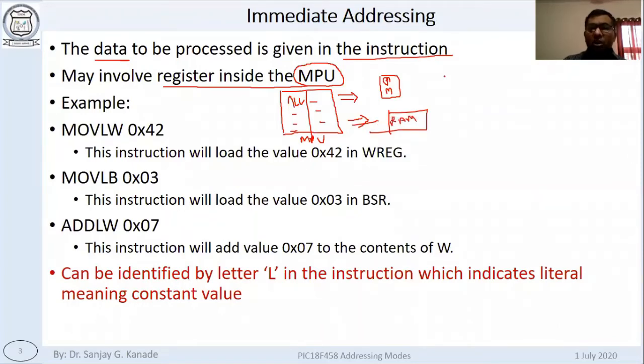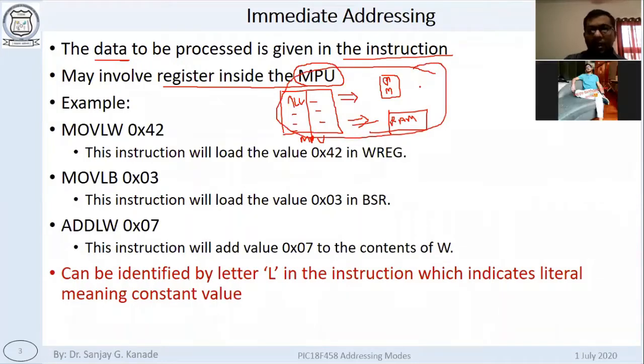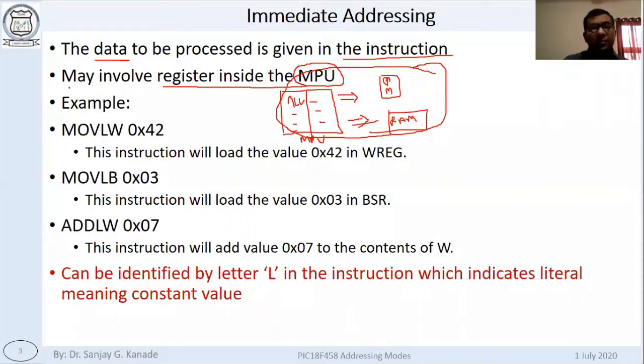So this whole thing is microcontroller, and this section is called microprocessor unit. What I'm saying is that in the immediate addressing mode, it may involve registers inside the MPU, on this side, but the most important part to focus on is that the data that we want to process is given in the instruction itself.